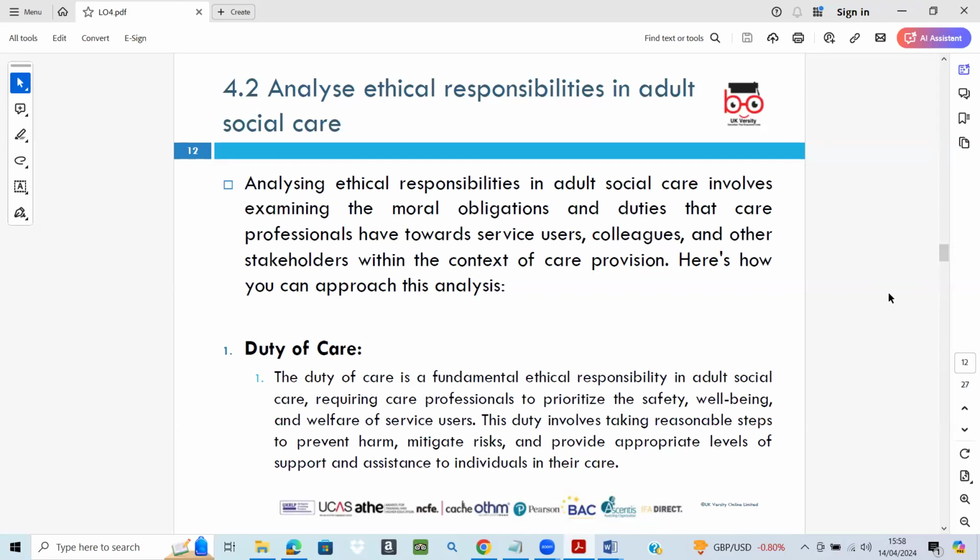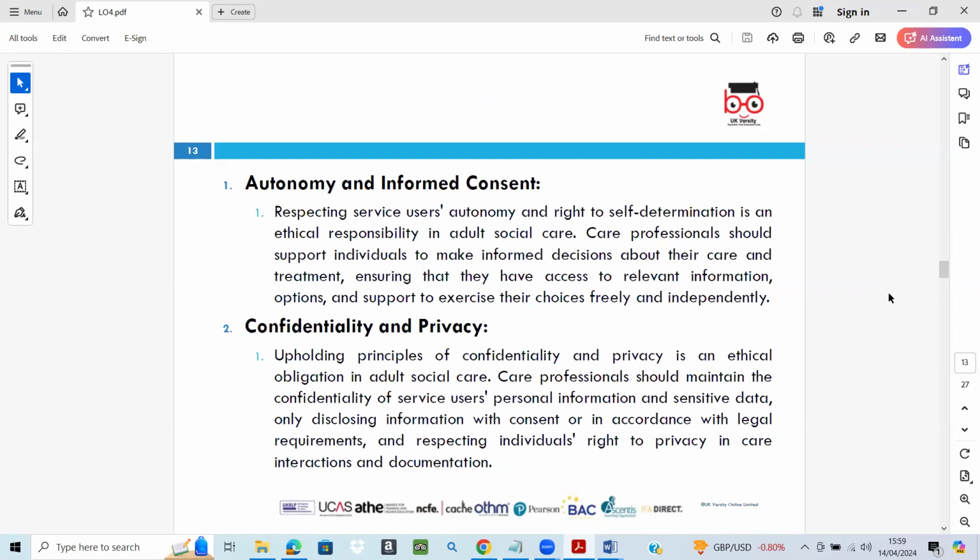And these are the important points. And providing appropriate levels of support and assistance is crucial. This means tailoring our care to meet the specific needs of each service user, which ties back to person-centered care. Then we'll move to the next slide.